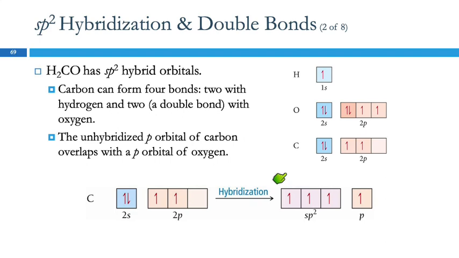So here we have our original orbitals. Here's hydrogen. Oxygen has 2 half-filled P orbitals. Here's our original carbon. But when we hybridize it, we're going to get something like this. And now the carbon can form 4 bonds.